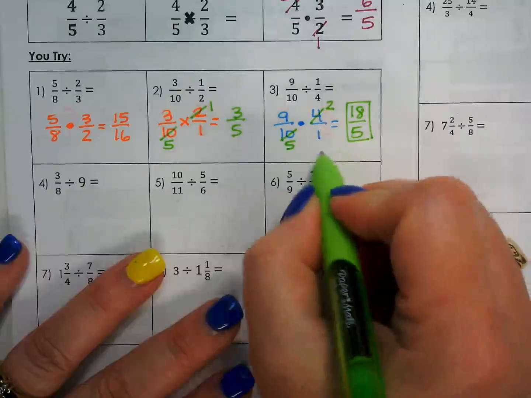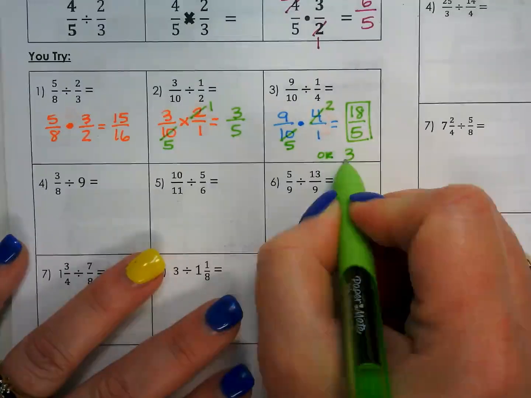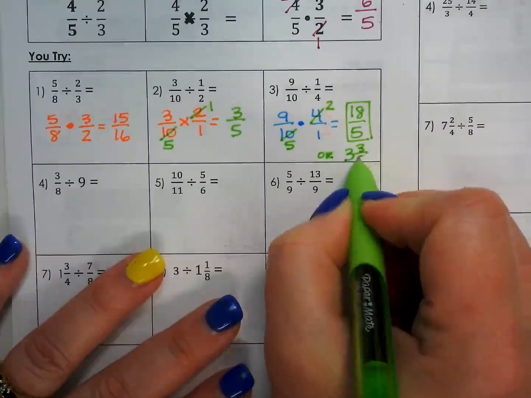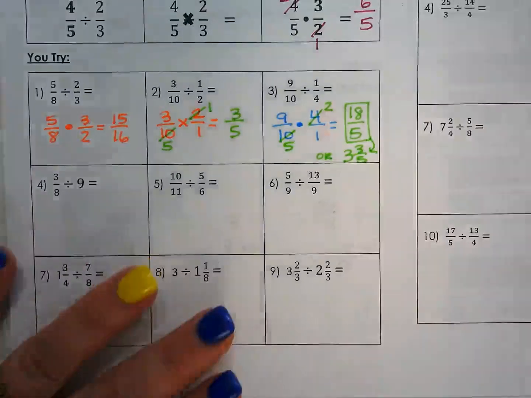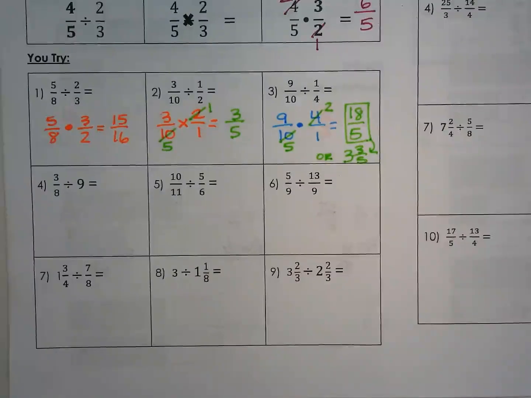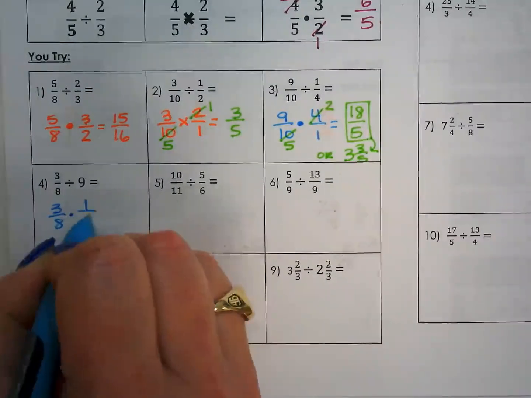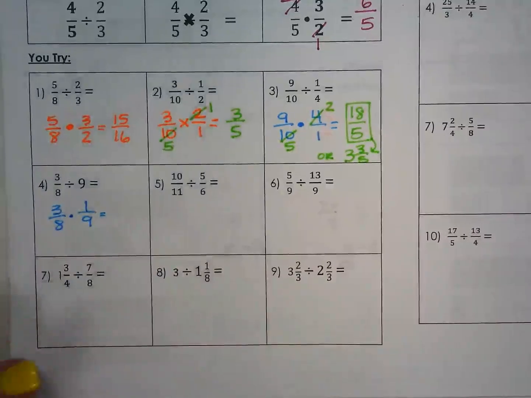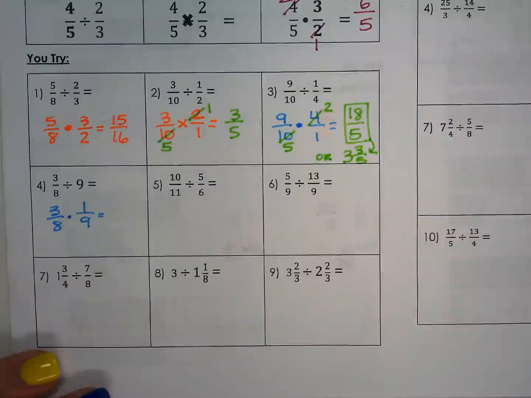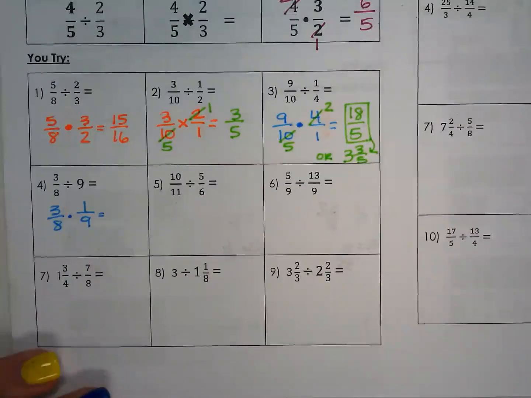It also can be 3 and 3/5. Either one. Wait, how does 4 and 10? 4 and 10 have a common factor of 2. 2 goes into both of them. They're both even, right?